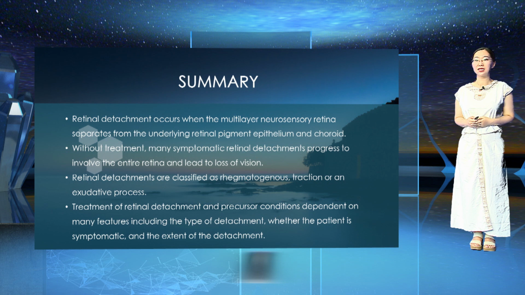Retinal detachments are classified as rhegmatogenous, traction, or an exudative process. Treatment of retinal detachment depends on many features, including the type of detachment, whether the patient is symptomatic, and the extent of the detachment.